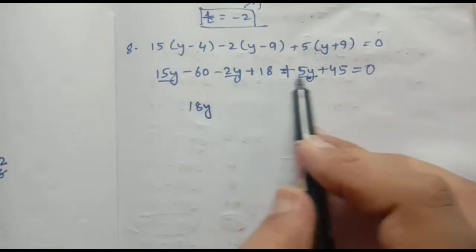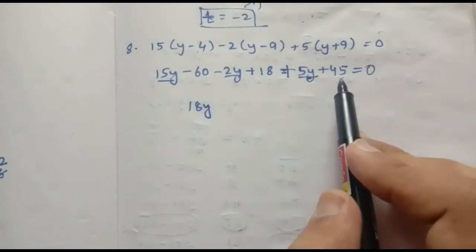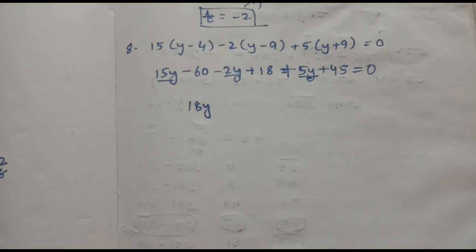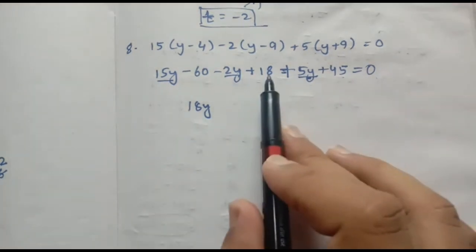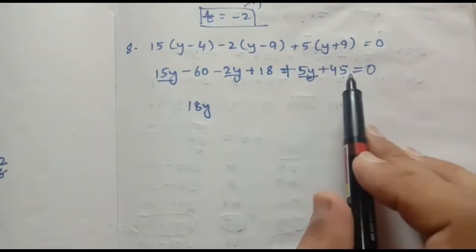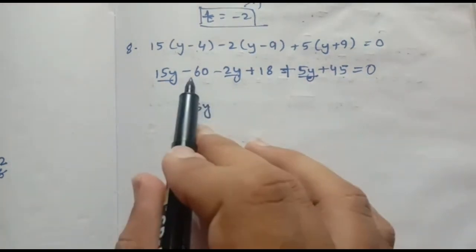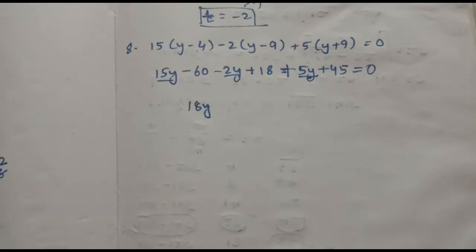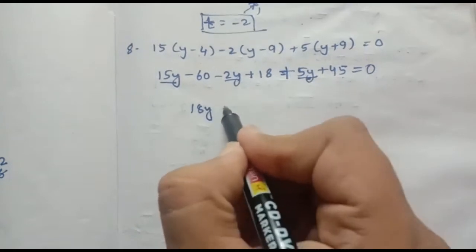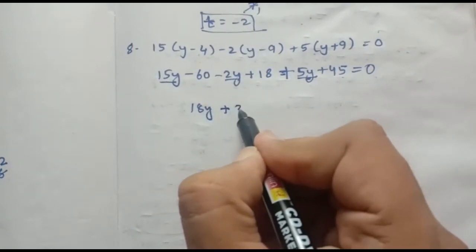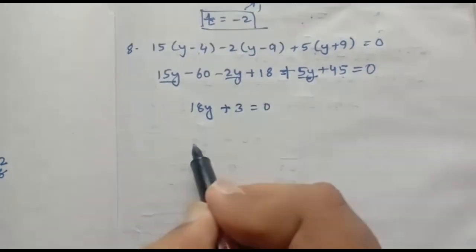Now plus 18 plus 45 will be plus 63. Plus 63 minus 60 will be plus 3 is equal to 0.